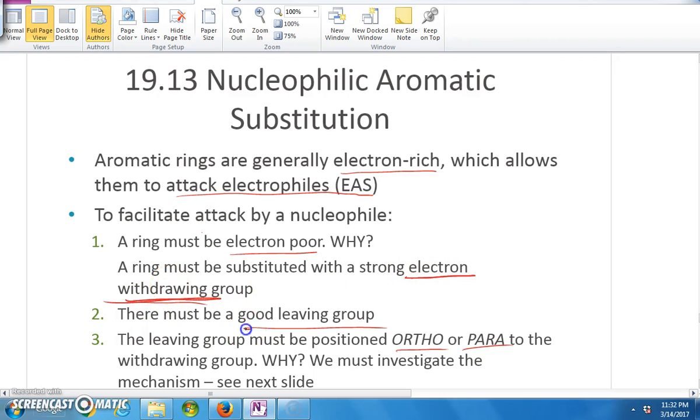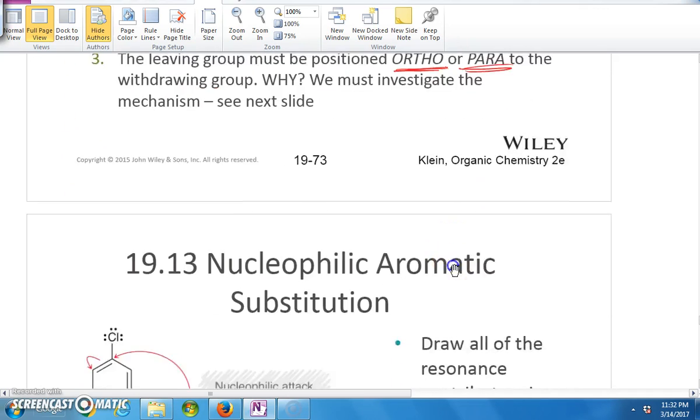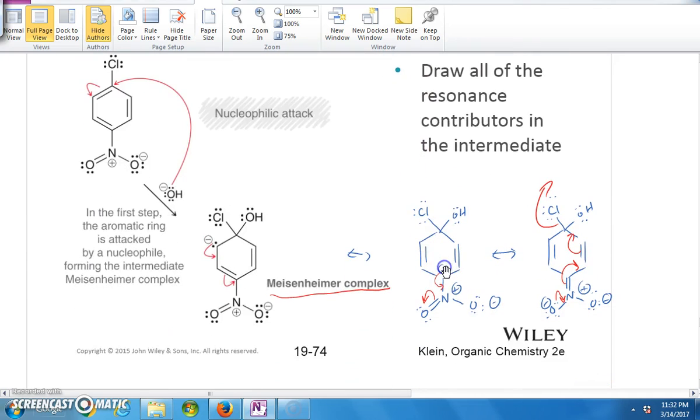And also there must be a good leaving group, and the leaving group must be in the ortho or the para position. The reason is because the negative charge that forms, the Meisenheimer complex, is significantly stabilized by the electron withdrawing effect of the nitro group.